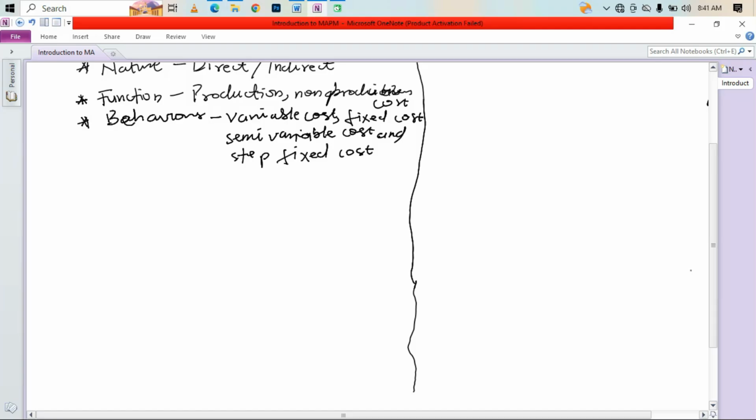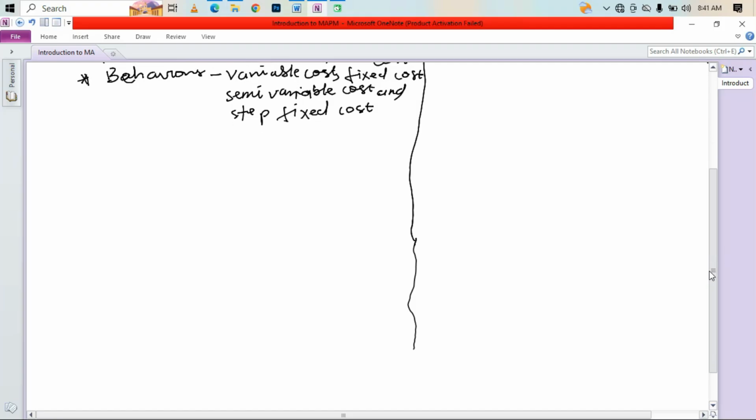So when you take cost classified as behavior, we have a variable cost, a fixed cost, semi-variable cost, and a step fixed cost.